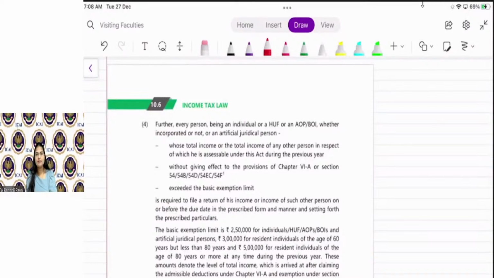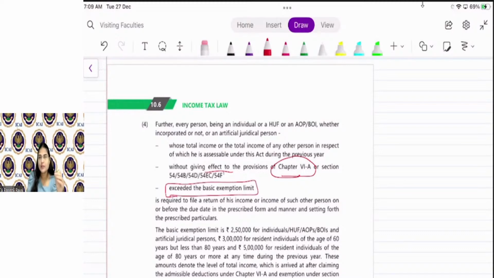Further, every person, being an individual or HUF, AOP or BOI, whether incorporated or not, or an artificial juridical person, whose total income, or total income of any other person which is includable in their income, without giving effect to the provisions of Chapter 6A, that is deductions, or section 54 to 54F, exceeds the basic exemption limit. I have already explained this.